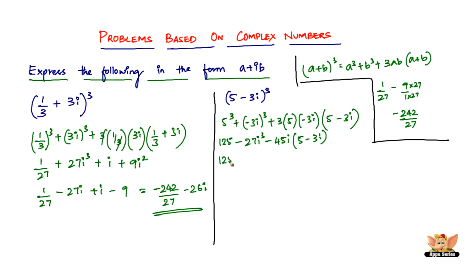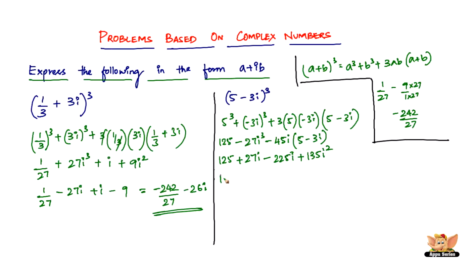And i cube is minus i, so minus into minus is plus, so it becomes plus 27i. And minus 45i into 5 is 225, so 225i, and minus into minus is plus, and 45 times 3 is 135, so 135i times i is i square, so it is 135i square.